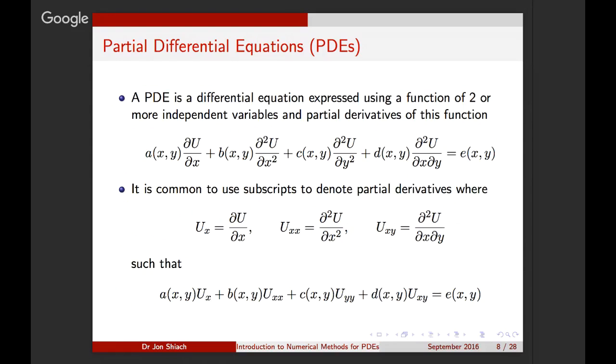If we've got a mixed derivative, because you can have mixed partial derivatives, the subscript just gives you the variables that derivative is with respect to. I tend to use this form most of the time, but they can be interchangeable. So that's what a partial differential equation is.